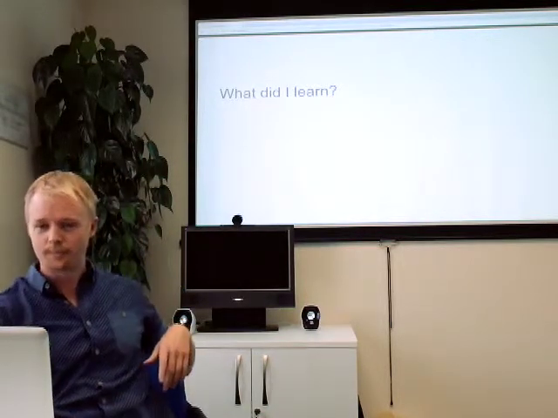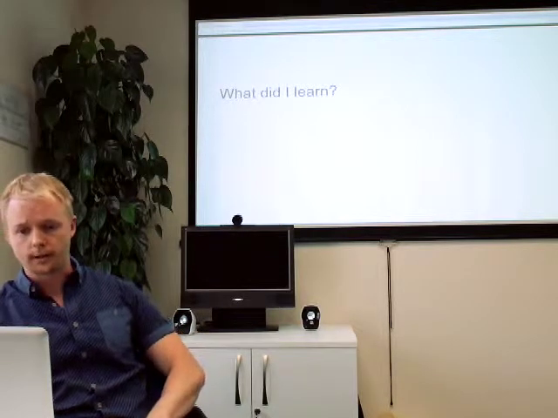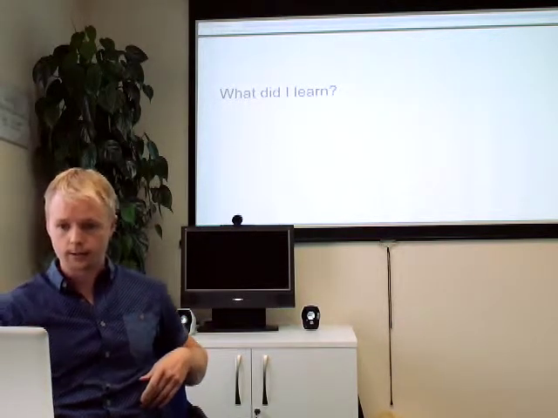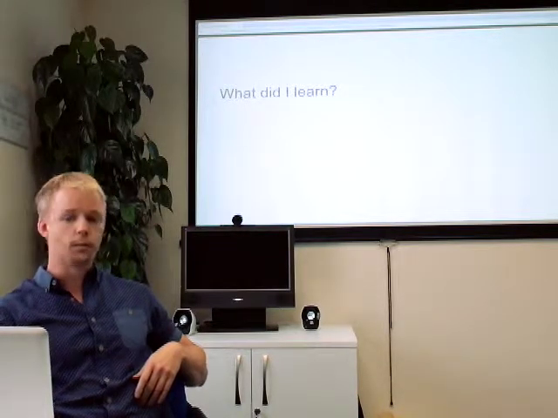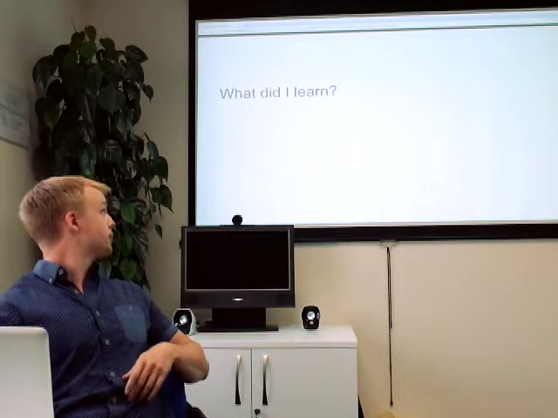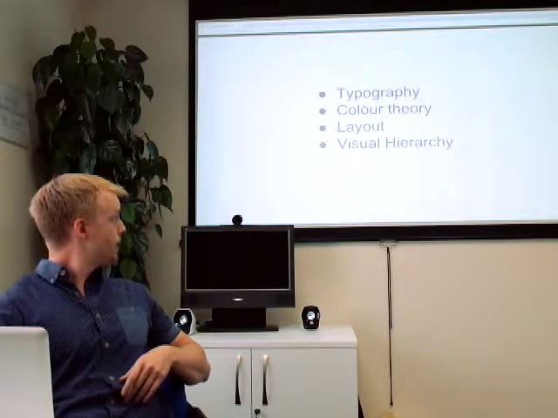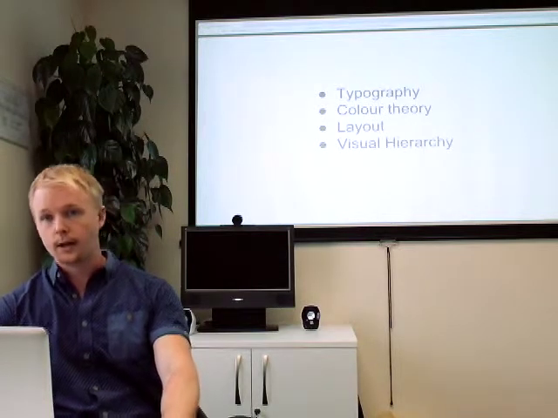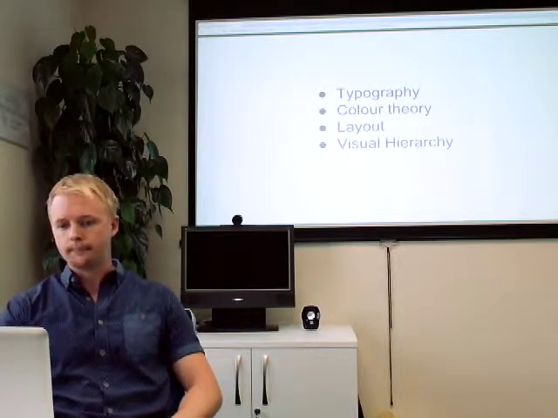Yeah, so that brings me nicely on to what did I actually learn. The main thing that I took away was that good design is split into a number of discrete sections: typography, colour theory, layout, and visual hierarchy.